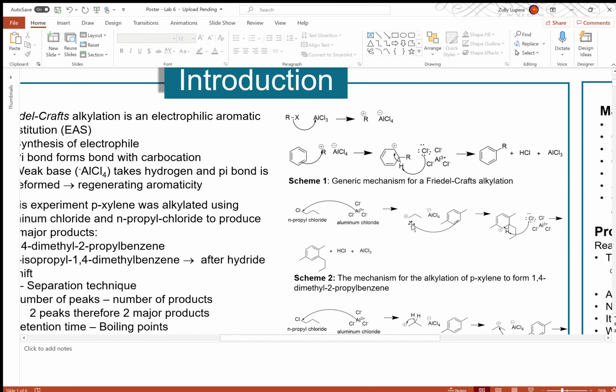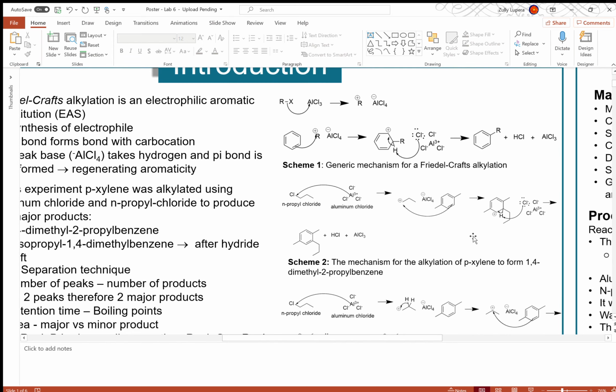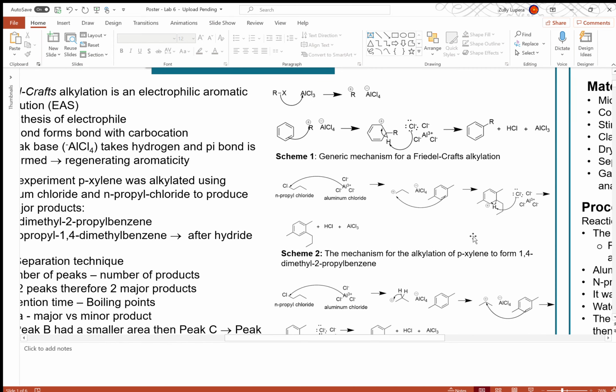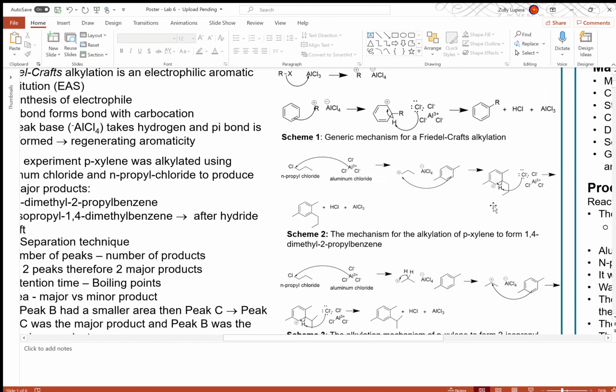The carbocation reacts with the p-xylene, and then we have the formation of another carbocation, and the weak base takes one of the chlorines from the aluminum chloride, takes that hydrogen in order to form another pi bond to regenerate the aromaticity.